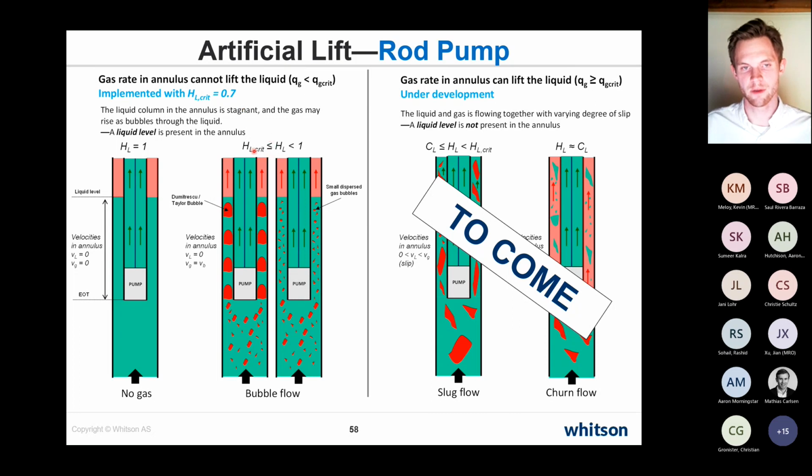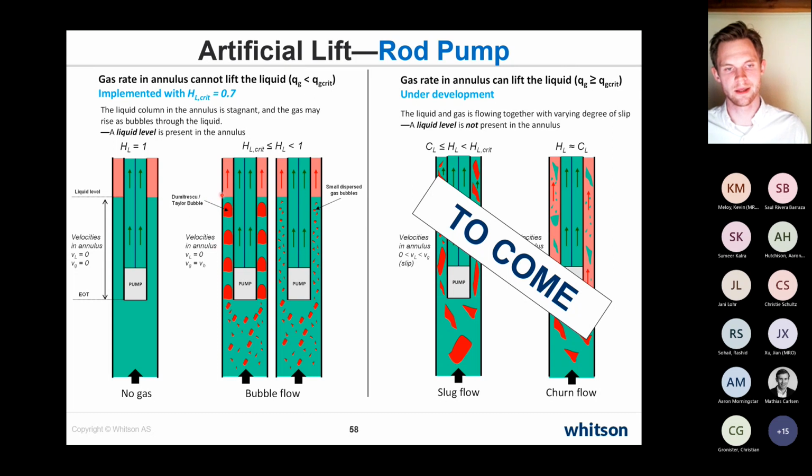So the liquid holdup can never be less than 0.7, and that will ensure a liquid-like column in the annular space. But in the future, we will try to come up with a unified model that covers every scenario, going from no gas to a lot of gas in the more rare scenario.